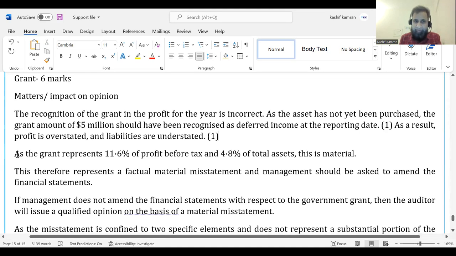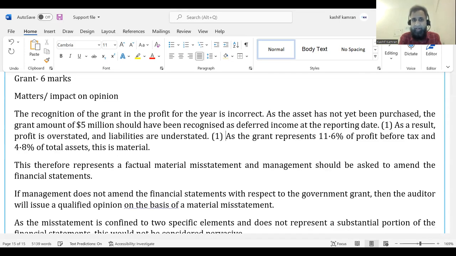As the grant represents 11.6% of the profit before tax and 4.8% of the total asset, this is material. So the grant is 11% of the profit, 4% of the total asset. It is material, another 1 mark. So I commented on the materiality. I commented on the overstatement. I commented on the accounting treatment, 3 marks, 1 paragraph.